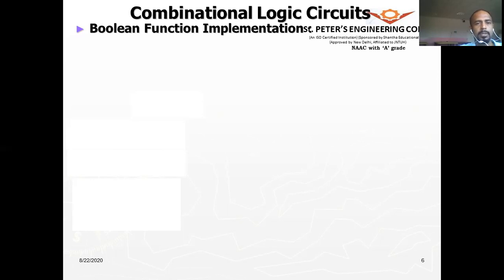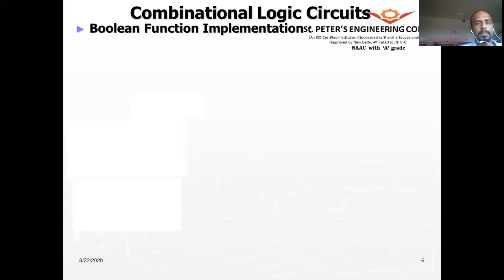So in this session, we will look into the application of a multiplexer, that is, using the multiplexer how we can realize Boolean functions. We have seen this in the decoder also. Using a decoder circuit, we can implement Boolean functions.